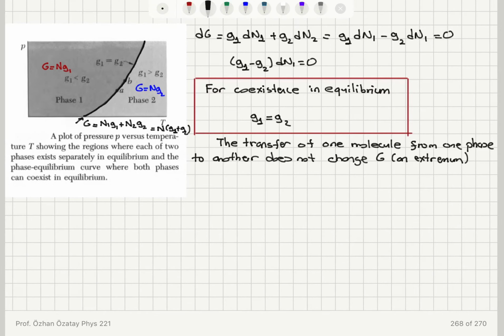Okay, so we can basically summarize this result here.